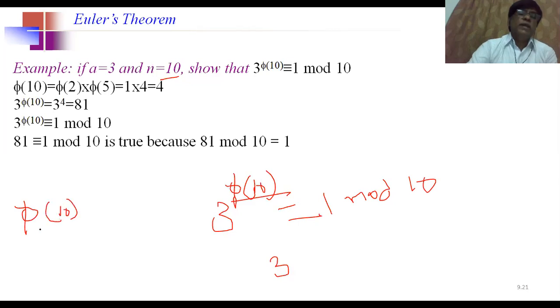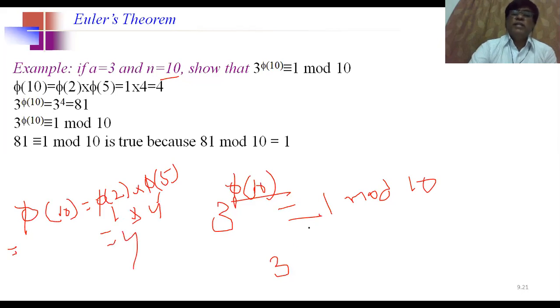it is not prime, that's why phi of 10 is equal to phi of 2 into phi of 5. Both are primes, so its value is 1 times 4, which is 4. So phi of 10 is 4.